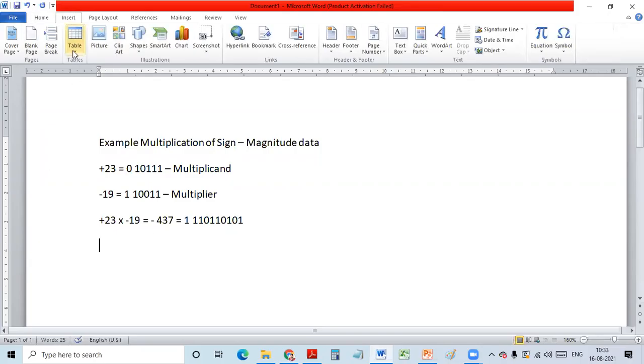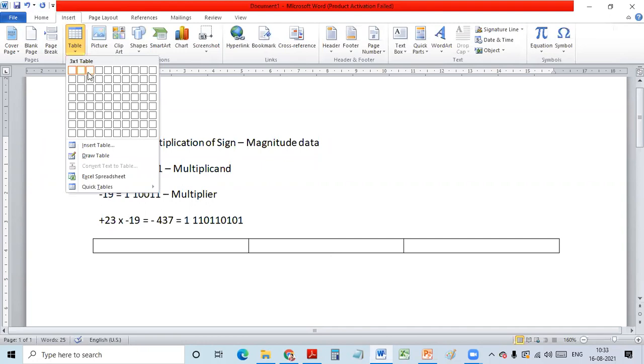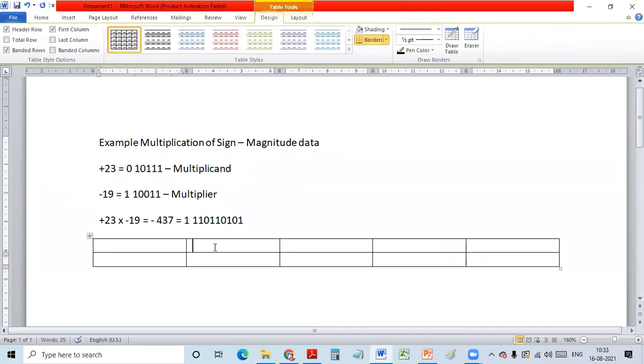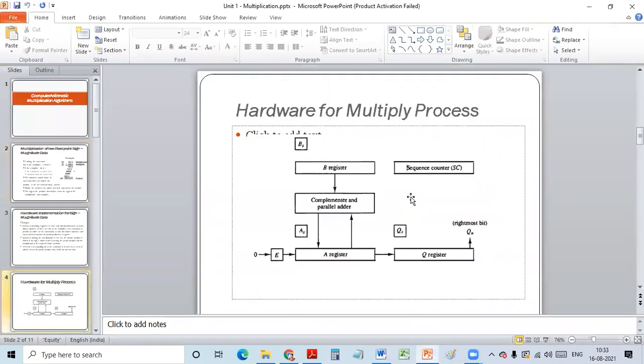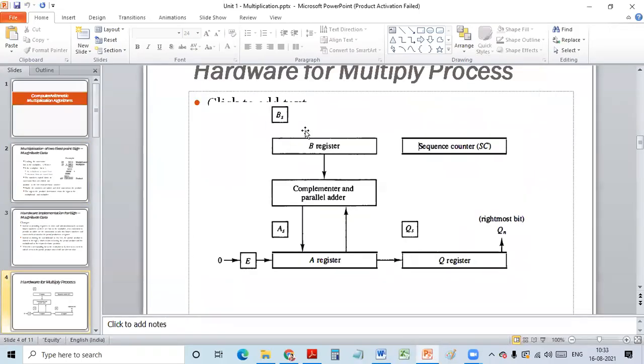So I will insert a table. I require a multiplicand. Multiplicand will be stored as per the algorithm. How are the registers used? See what B holds. B holds the multiplicand.